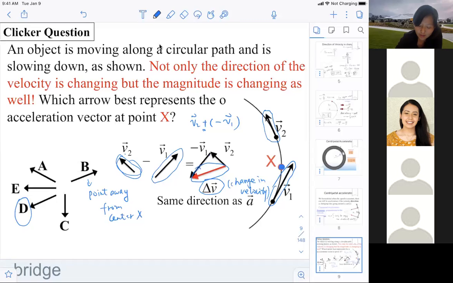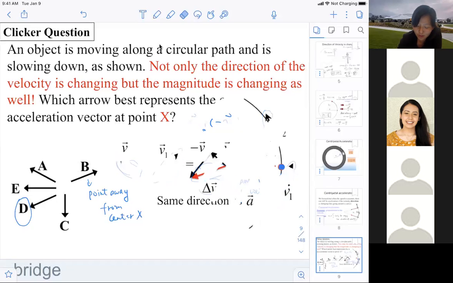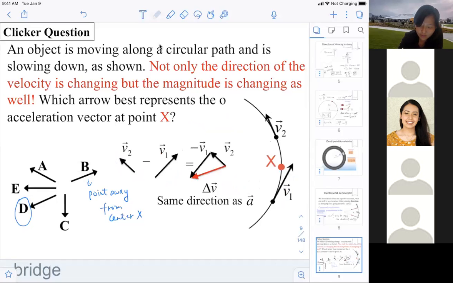All right, so let's try to complete this path. Maybe that would make it a little more clear. So if we sort of try to complete this path, we will have something like this, right? What happens if the acceleration is directly toward the center?